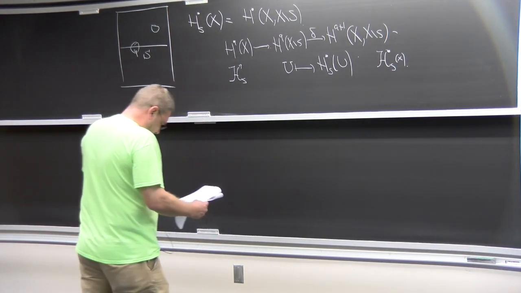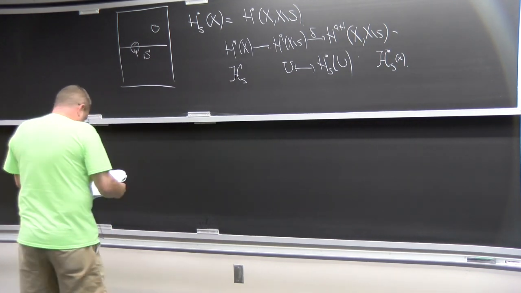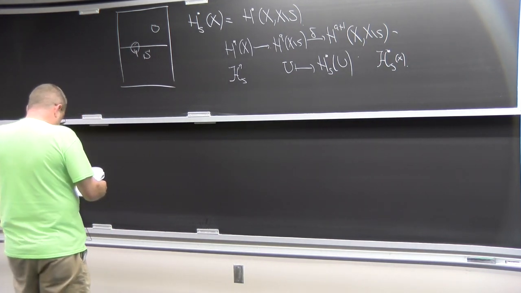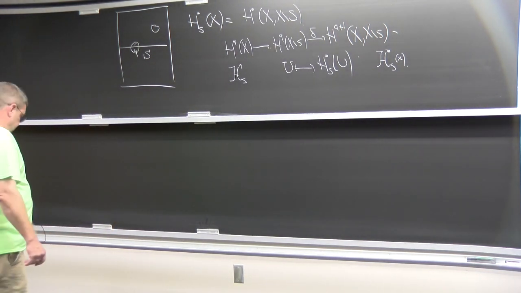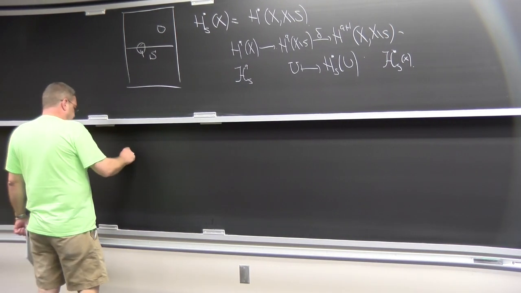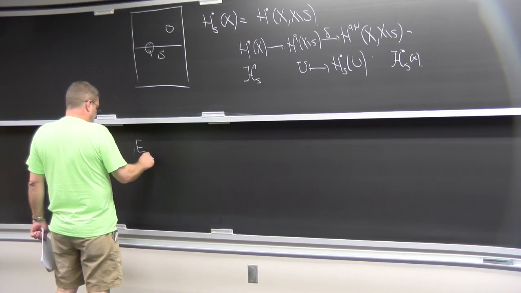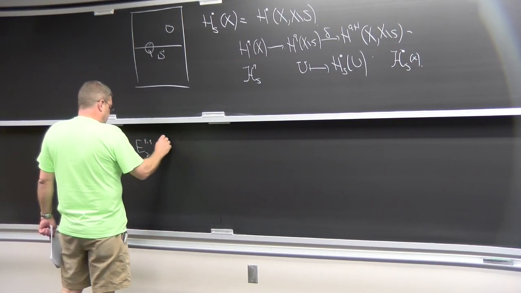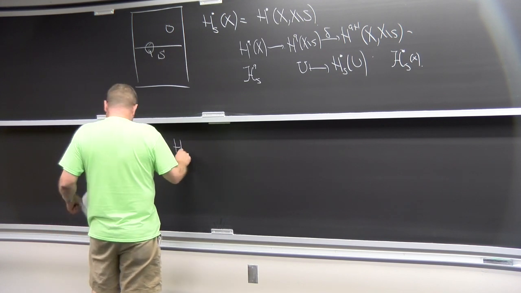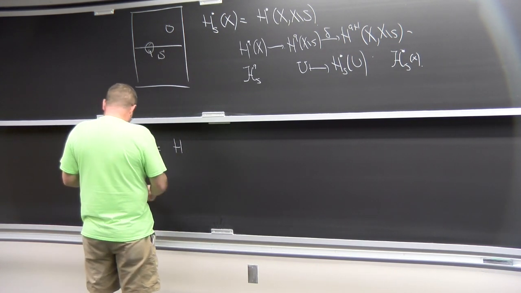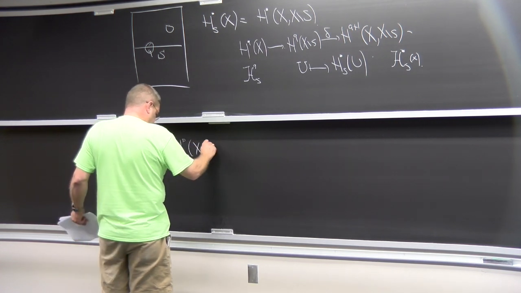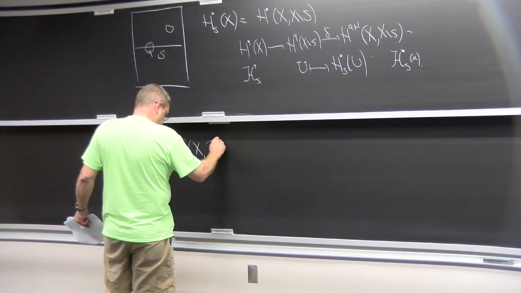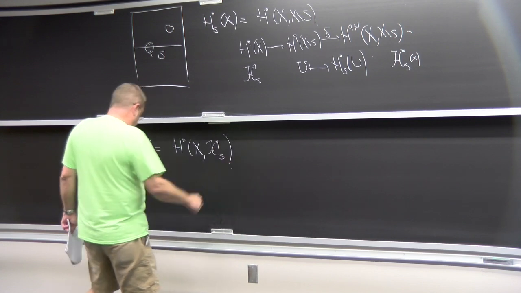Now, there's a Grothendieck-type spectral sequence with E2 term, let me just get the indices right, H^p(X, H^q_S).